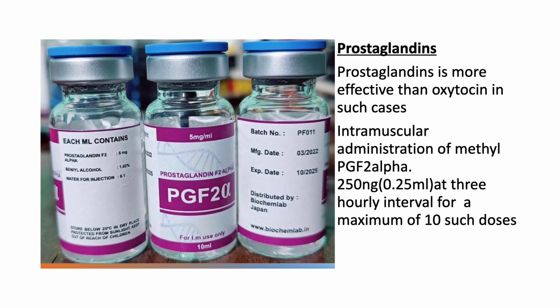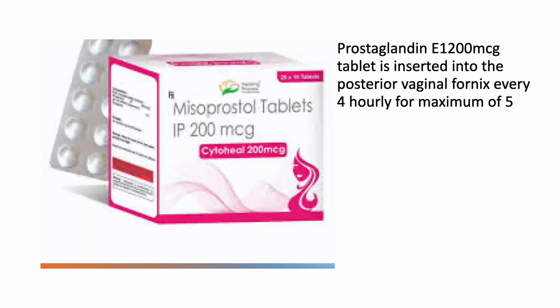One more drug is prostaglandin E1, that is 200 microgram. So these two come under the prostaglandins. The first one, as we have seen, is PGF2 alpha, and the second one is prostaglandin E1, a 200 microgram tablet inserted into the posterior vaginal fornix every 4 hours for a maximum of 5 such doses.